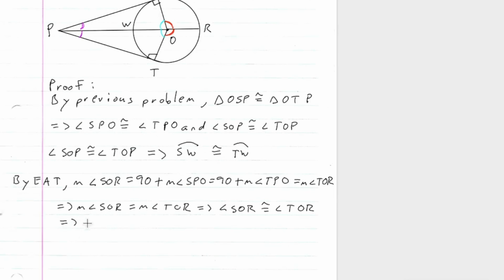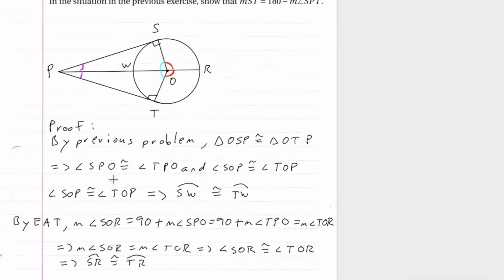So this means that arc SR is congruent to arc TR. All right, so let's go ahead and color code these guys. So I know that this arc is congruent to this arc, and I know that this arc is congruent to this arc, and that's going to come into play.